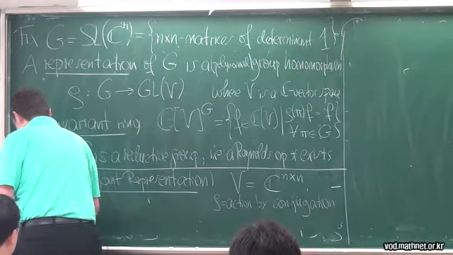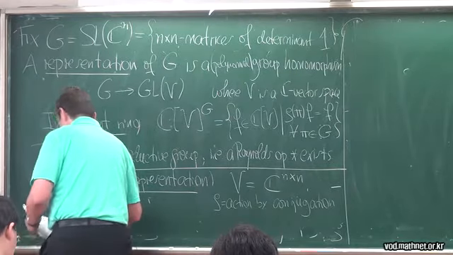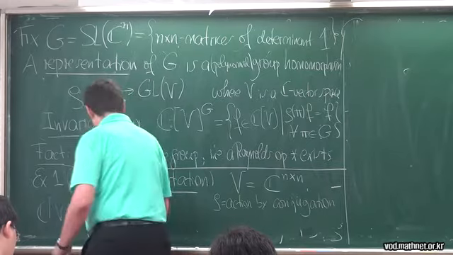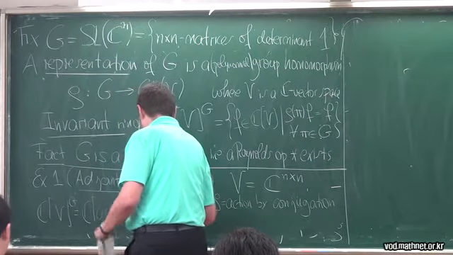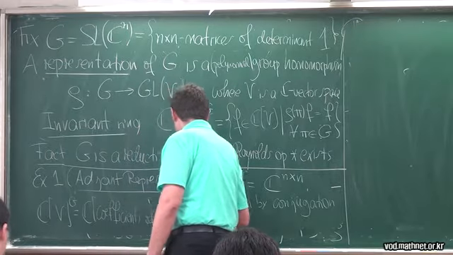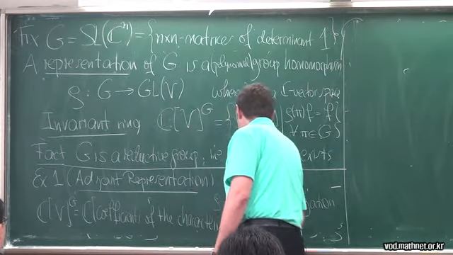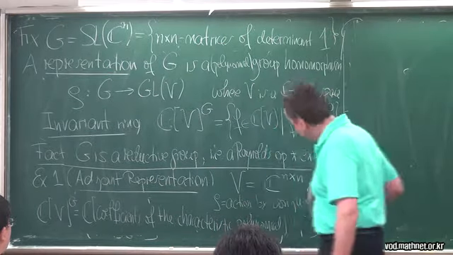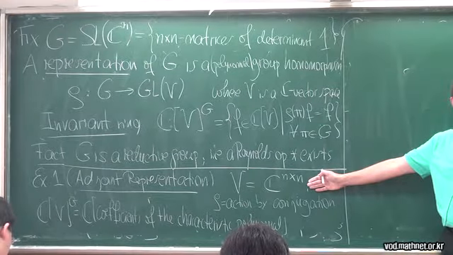Let me tell you the answer. So the ring of invariants is a polynomial ring generated by the coefficients of the characteristic polynomial. So if you have an n by n matrix, you can form its characteristic polynomial.